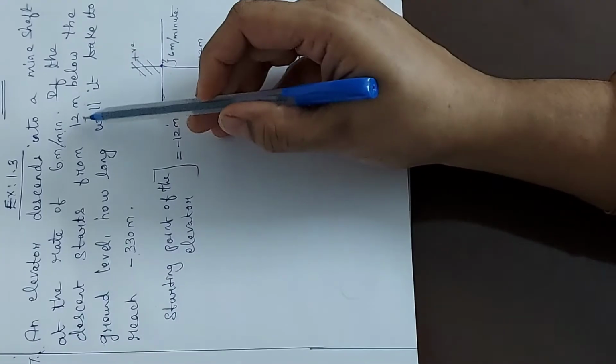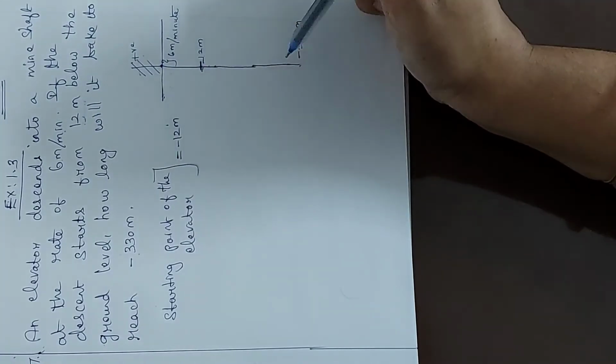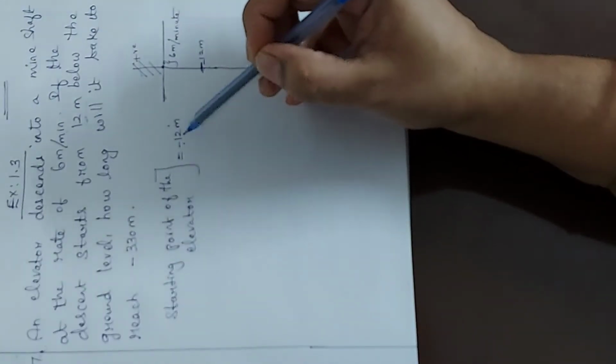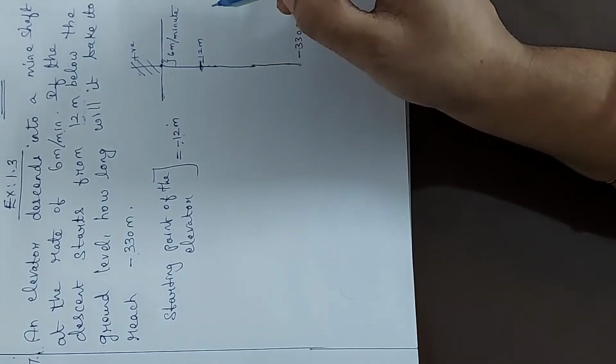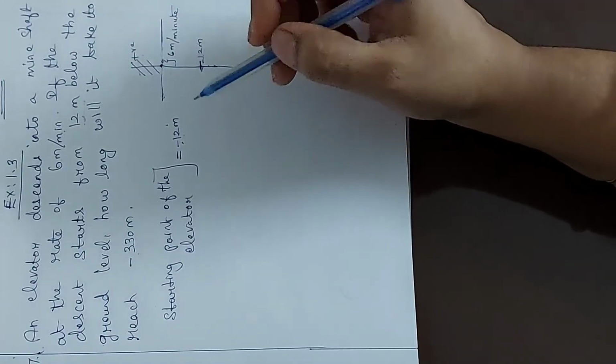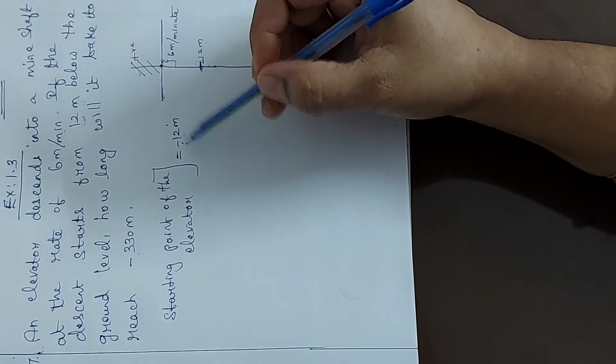Don't write it as just 12, positive 12. Again I am saying, if it is below the ground level, mention it as minus 12. Otherwise you will be confused and you won't get the right answer. So just mention minus 12.